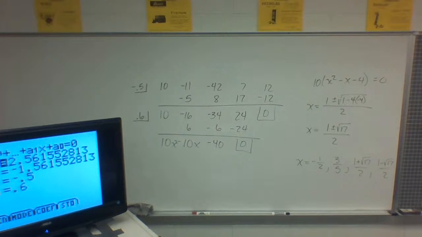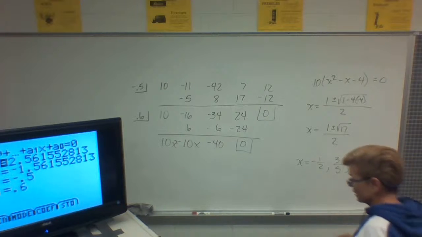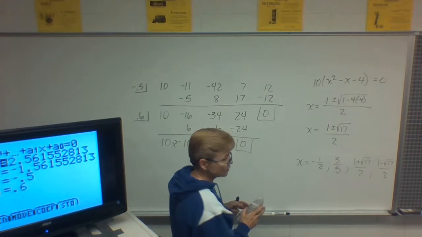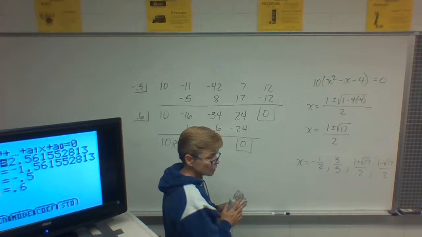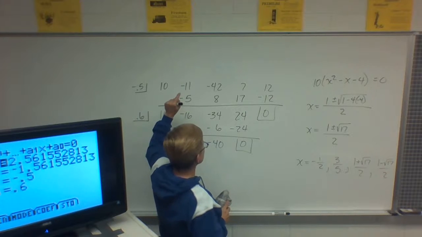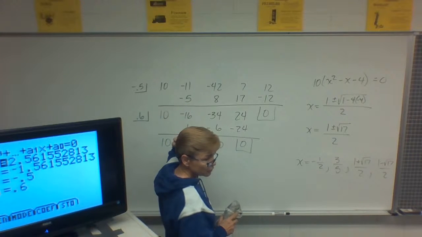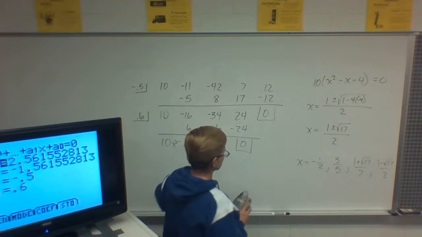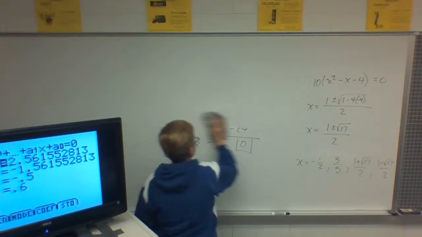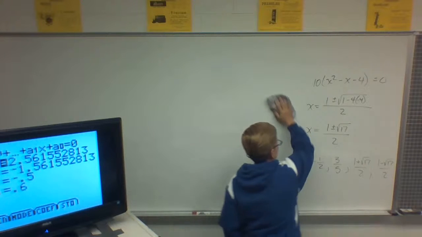Because on this last skill, example 5, then we're going to go backwards, and I need you to switch gears in your mind. We're not going to find the zeros. They're going to give us the zeros, and you're going to find the polynomial they belong to. So we're going to go backwards.